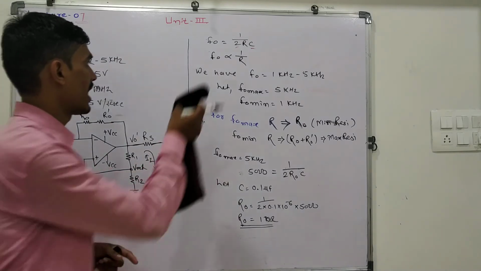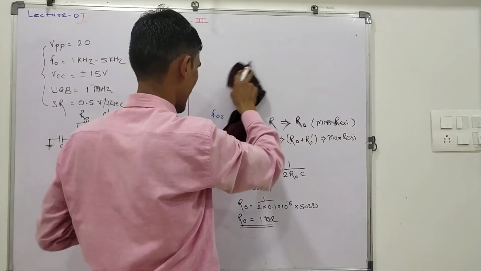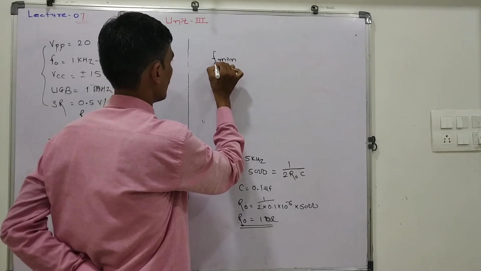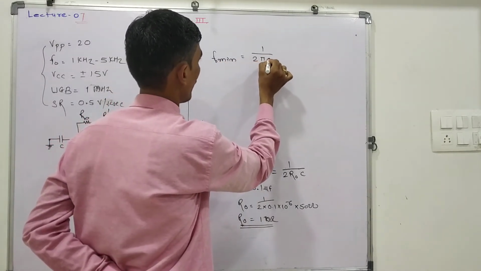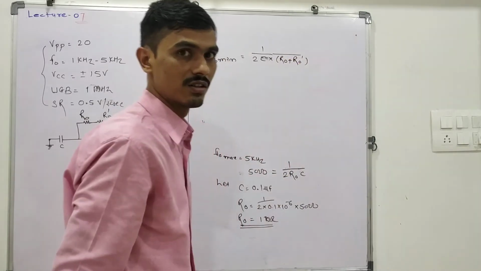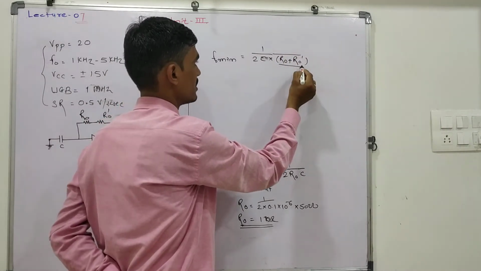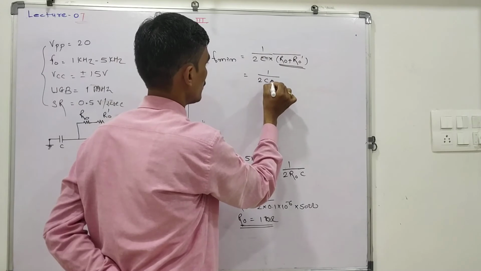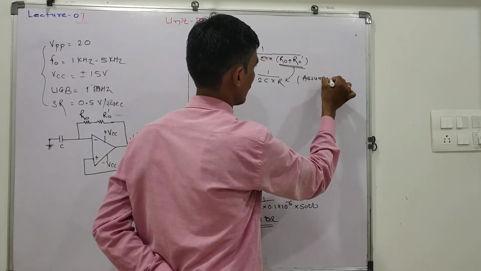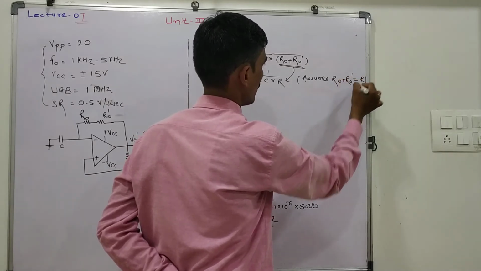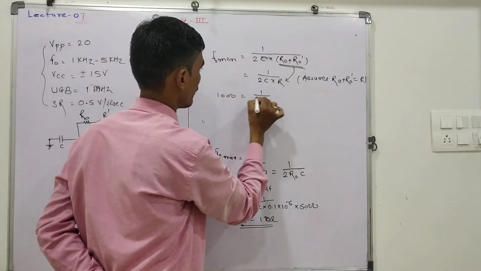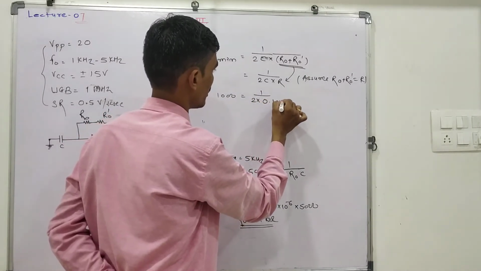Similarly, we have to find the value for the maximum resistance, for the frequency F0 minimum. F0 minimum is equal to 1 upon 2 into C into R0 plus R0 dash, which is the total value. We can rewrite it as 1 upon 2CR, assuming R0 plus R0 dash is equal to R. F0 is 1 kilohertz, that is 1000, equal to 1 upon 2 into C into R, where C is 0.1 into 10 raised to power minus 6.